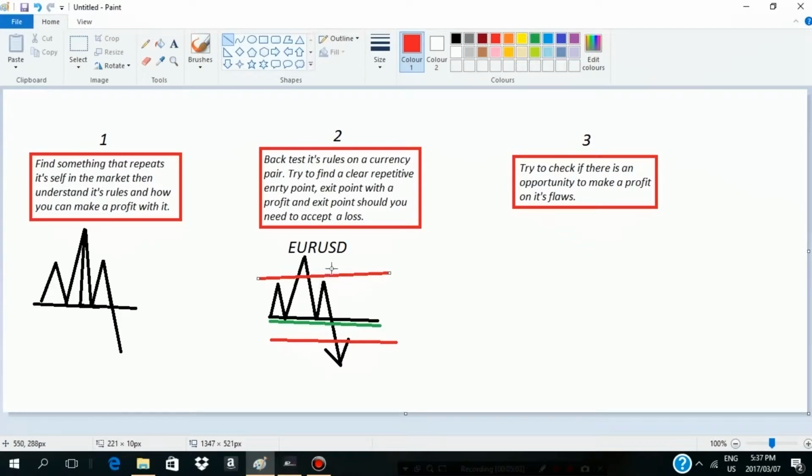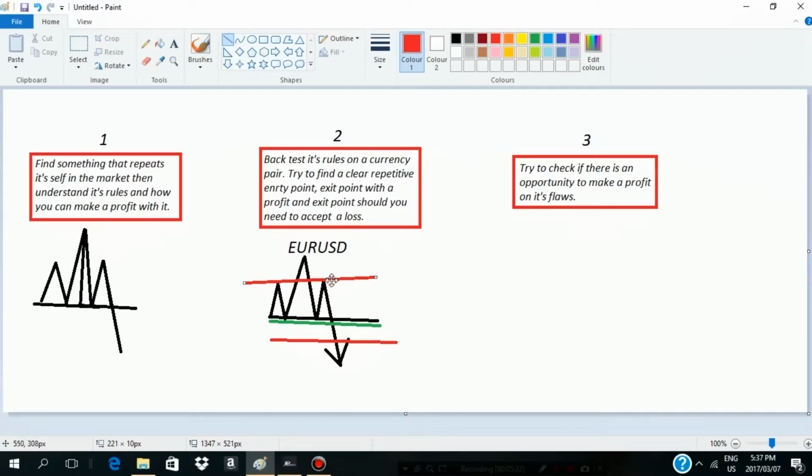So your exit point on Euro USD could be once it breaks the head, I accept my loss. But on, let's say, USD CHF, once it goes past the first shoulder or the last shoulder, then it is not coming back. So there's no need for you to take this extra loss unnecessarily.